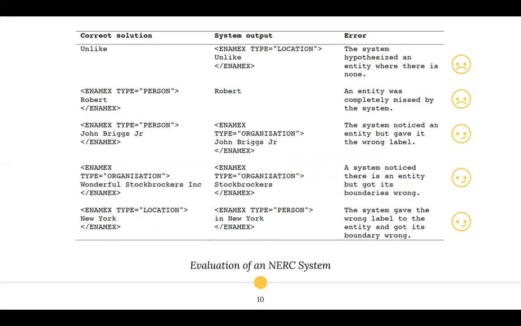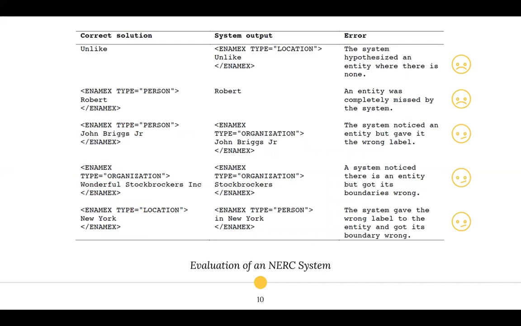In the third row, we have a person named John Briggs Jr., and our system incorrectly labeled this as an organization named John Briggs Jr. The fourth row has an organization named Wonderful Stockbrokers Incorporated, and our system correctly labeled this as an organization, but it got its boundaries wrong.